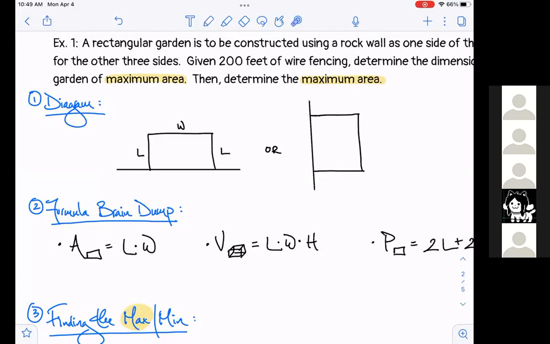That's fine. And you could label this with length and width. And again, if you put length here, you want to put length here. But if you were like, nah, this is the width, this is the length, and this is the width, that's also fine. Okay. Now, for some of us who are a little bit more boring, like myself, I like to think about them in X's and Y's, but you don't have to.